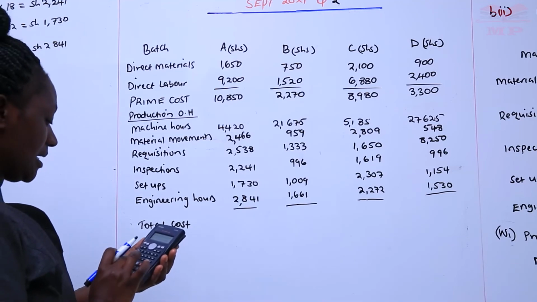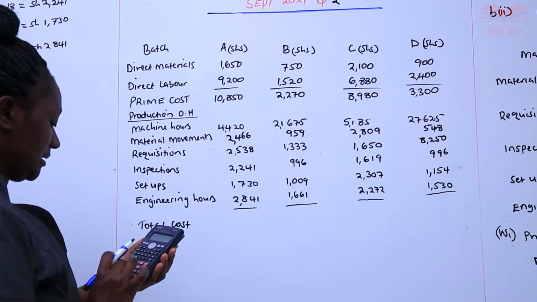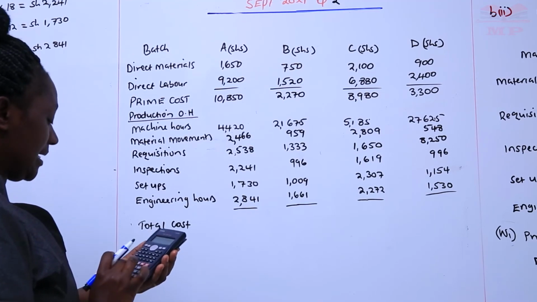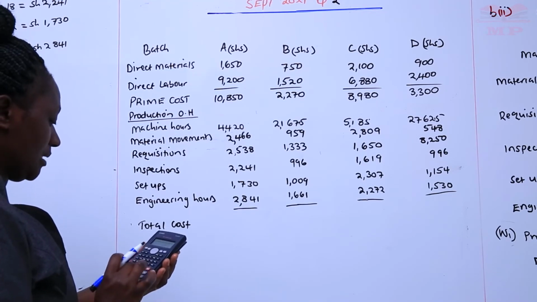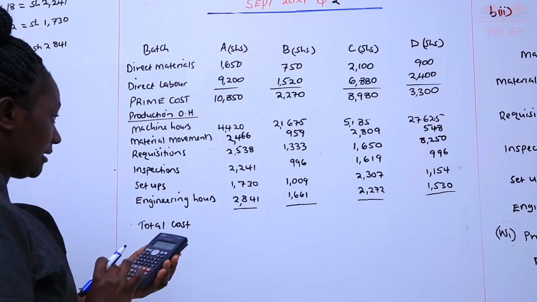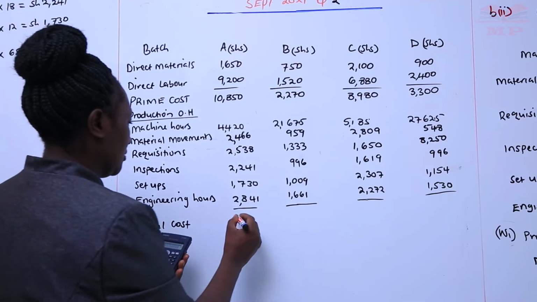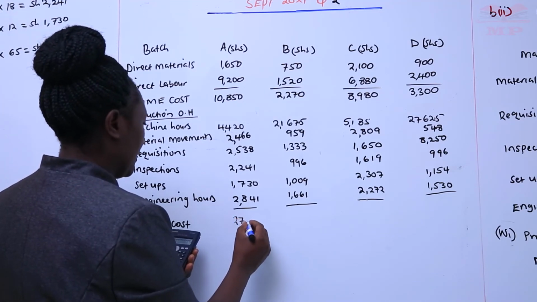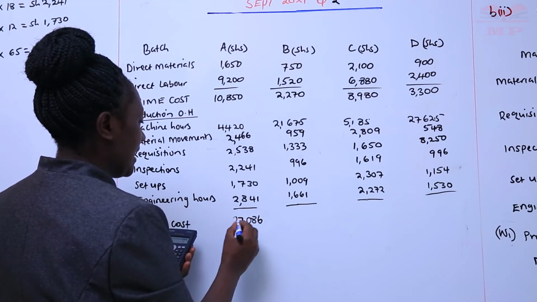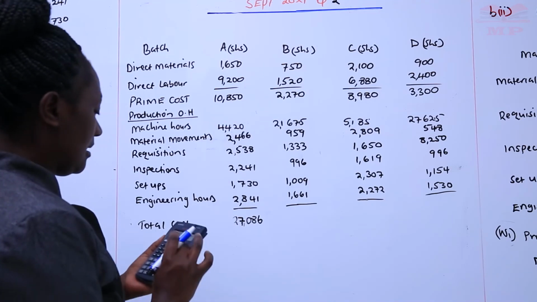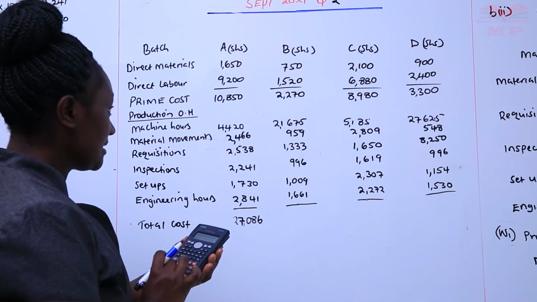So we'll have 10,850 plus 4420 plus 2466 plus 2538 plus 2241 plus 1730 plus 2841, and this will give us 27,086.